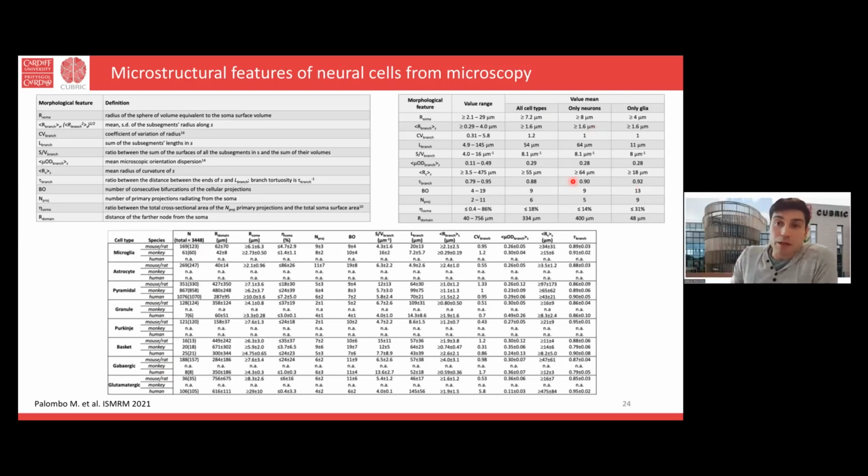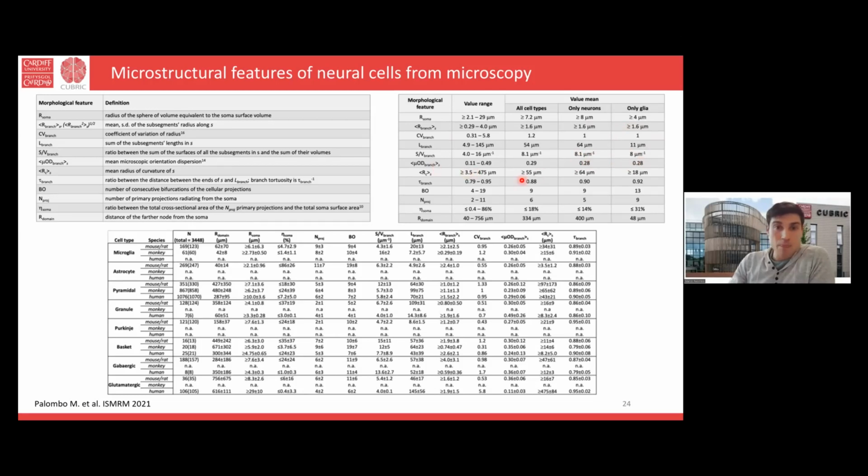For something like the cell body, it could potentially be possible to differentiate which cell bodies are neurons from which are mostly glia, because they are quite different in size. But when it comes, for example, to the size of the fiber, they are all more or less within the same range. The same goes for the surface to volume ratio or the microscopic orientation dispersion, which is this parameter macro D.